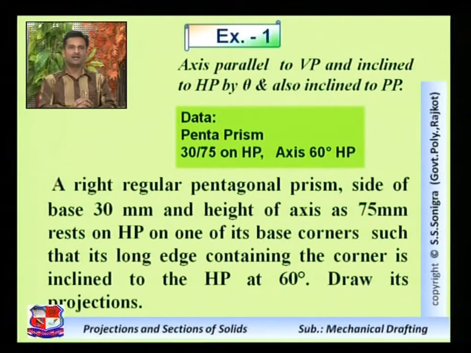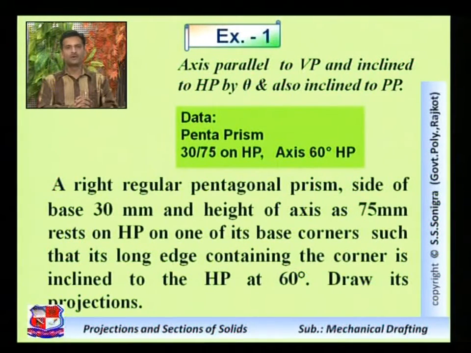So the data in short we can write like this: pentagonal prism, 30 mm side length, 75 mm height, resting on HP, and axis makes an angle of 60 degree with the horizontal plane. So in this problem, first we have to think about the top view, because the angle with HP is given. So first we assume that the axis makes a right angle with HP, and in top view it would appear as a regular pentagon.